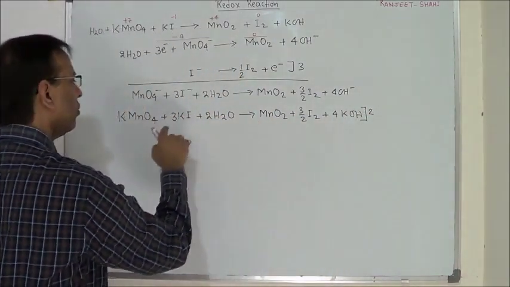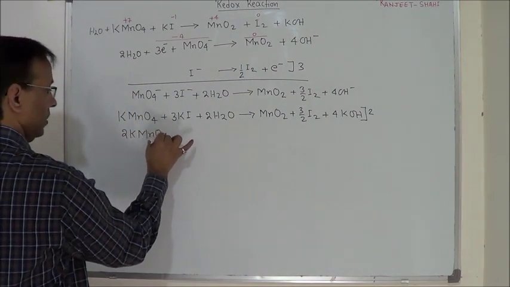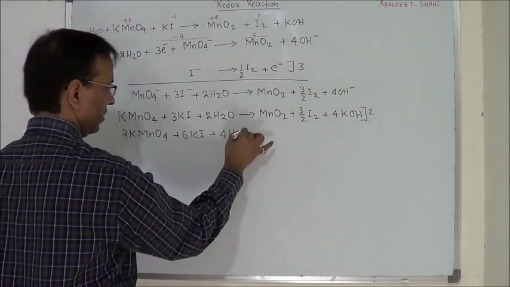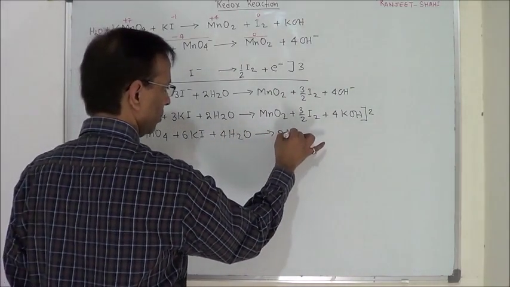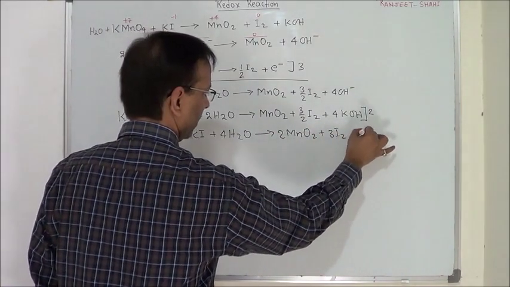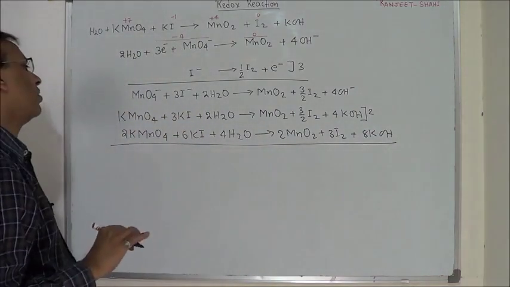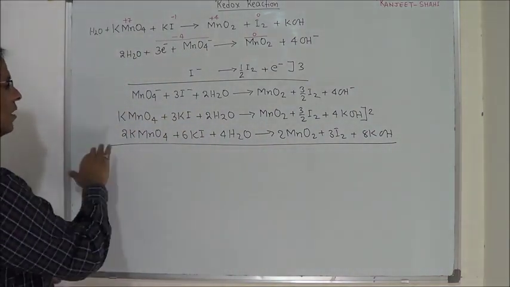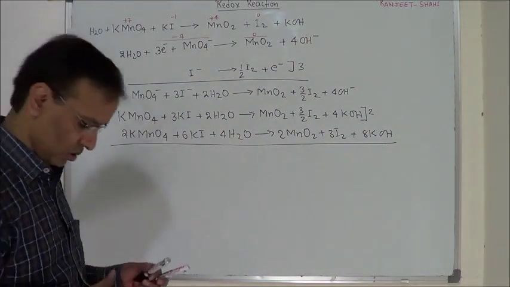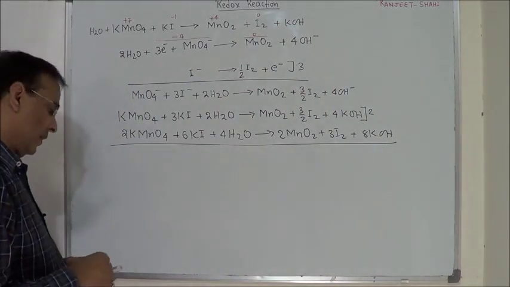So if we multiply it by 2, we obtain 2 KMnO4, 6 KI, 4 water, giving 2 MnO2, 3 I2, 8 KOH, and this is the perfectly balanced redox reaction with the smallest whole number coefficient. So that is how we balance a redox reaction in basic medium.